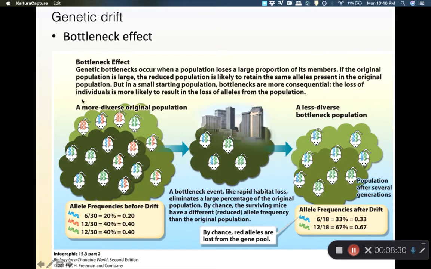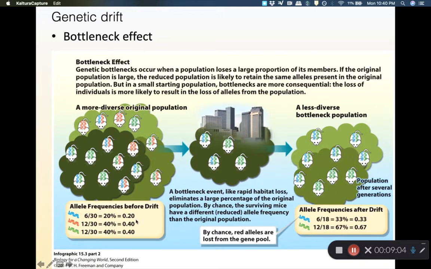So for example, if we have our original very diverse population, and let's say that these mice are living in a park, and then suddenly there is an urban development that goes in and fragments a large majority of the habitat that these mice were currently on. And again, by chance, only these mice were able to survive, these mice with this genetic makeup. And so they pass on those specific alleles to the new population.